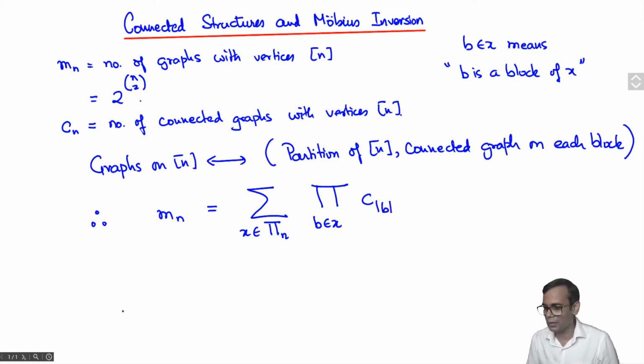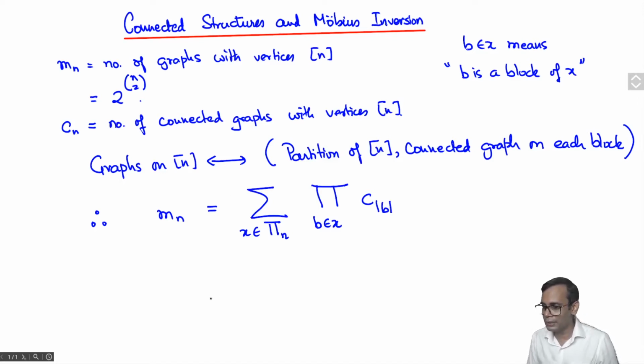So that's C of the cardinality of the block B. Now this looks like a convolution in the set of set partitions on n.